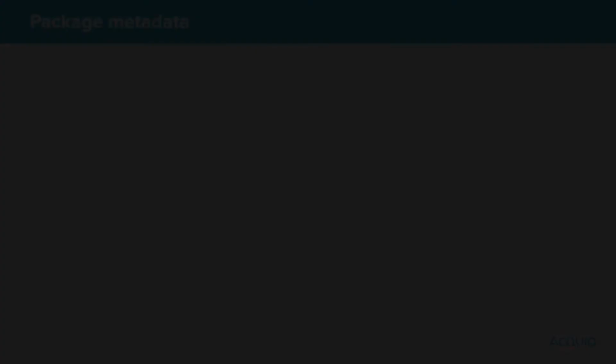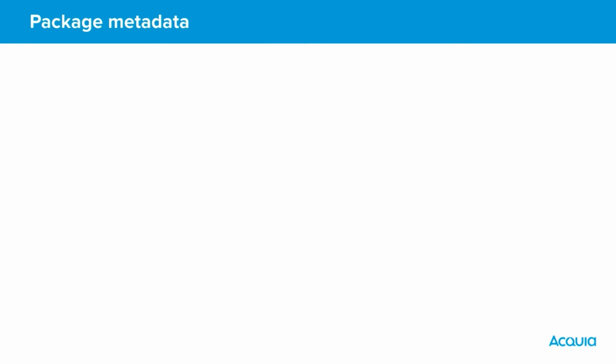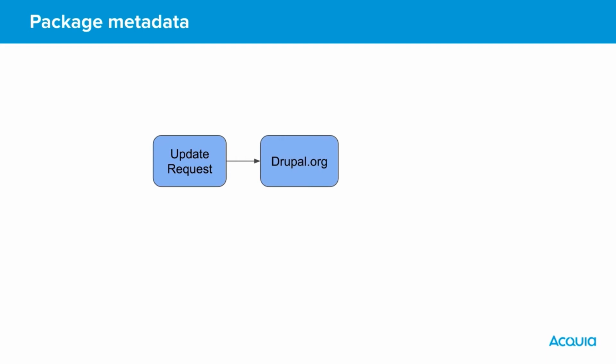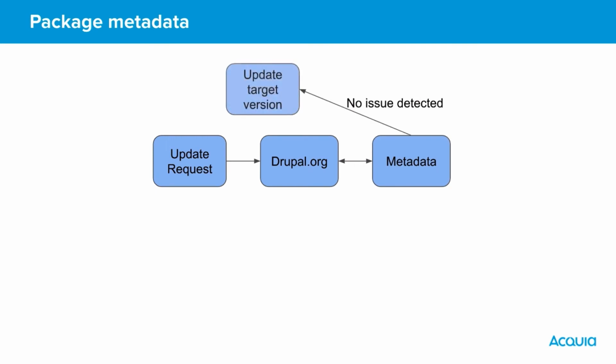A huge benefit to using Composer is that if there are concerns over incompatibility between versions, this information can be added to releases. This would mean that if you attempt to update to a version that is incompatible with your current site setup, Composer won't update to the latest, potentially harmful version. Instead, it will update to the most appropriate version based on your current core and module versions.